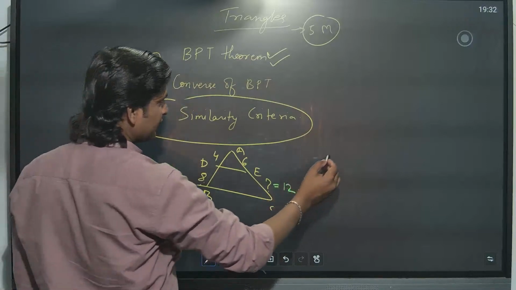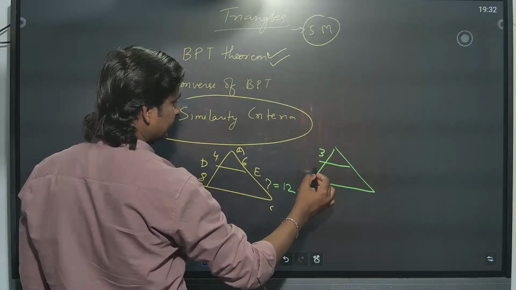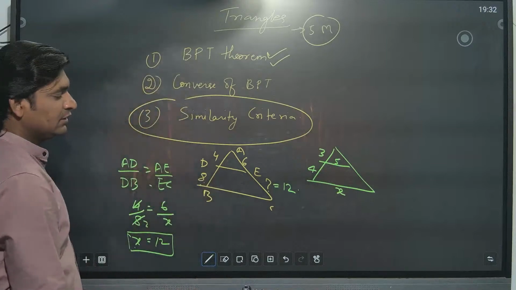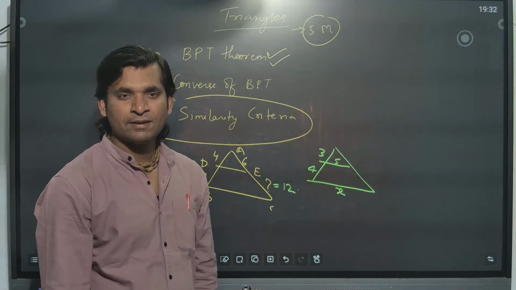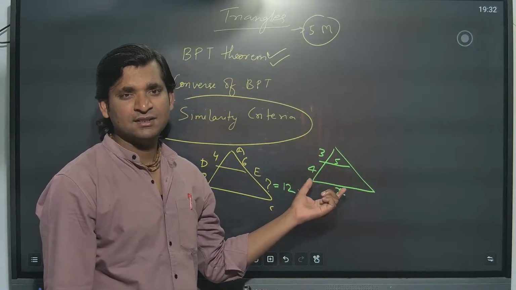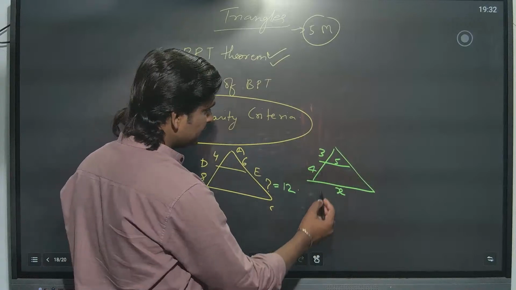Another question in the same way: a triangle is there. They have given 3, 4, 5. Find x. In this you can't use BPT. You have to use similarity criteria here. So how will you use it?